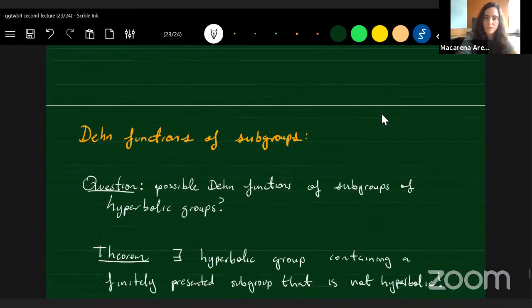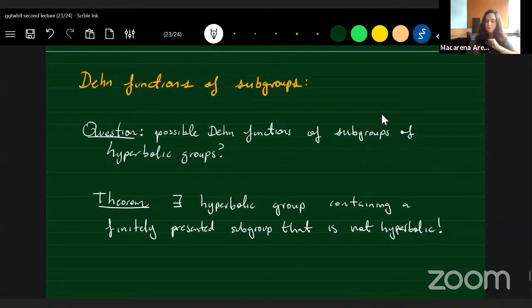Okay, and to finish, I would like to talk a little bit about a different topic, which is that of Dehn functions of subgroups. It's very natural, once we understand an invariant of a group, to ask ourselves how that invariant behaves under subgroups. And we're going to focus on hyperbolic groups because they are very nice and we understand them very well.